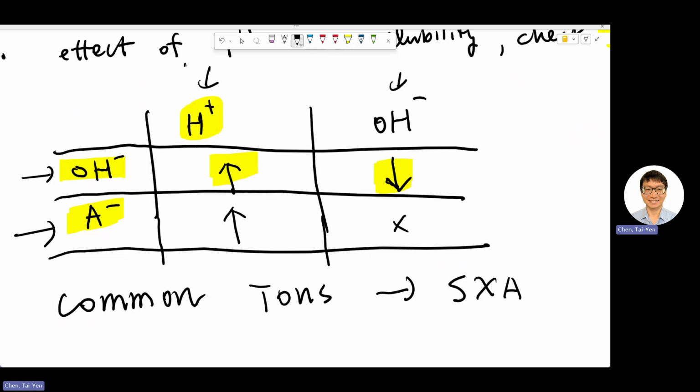That's all the possible things that you're going to have. Okay, so if your anion is neutral, nothing's going to happen. But depending on whether it's a strong base or weak base, adding acid and base is going to change your solubility slightly differently. Then you need to really recognize the way it changed.